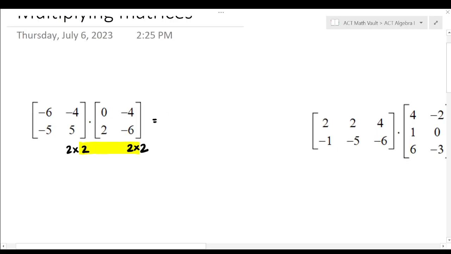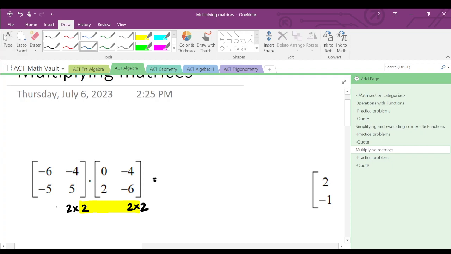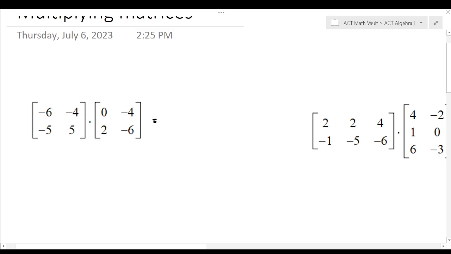And what's left over, this 2 by 2, is going to be the answer. If they match, it makes sense that your answer would be a 2 by 2, but that is not always the case. So my final answer will be a 2 by 2, and I want to give myself a lot of room here, and you'll see why.